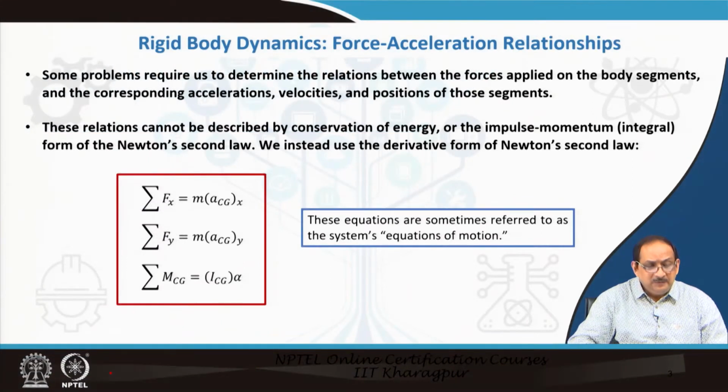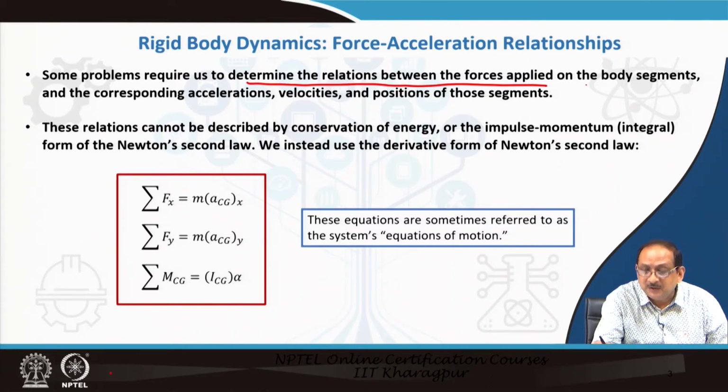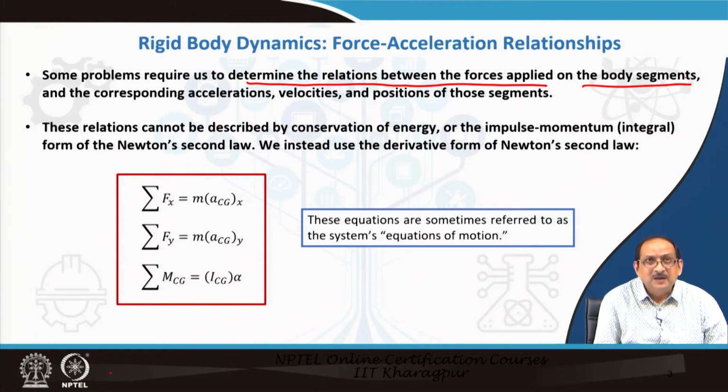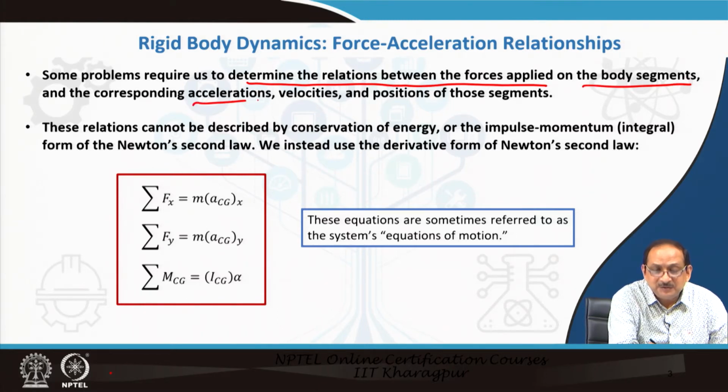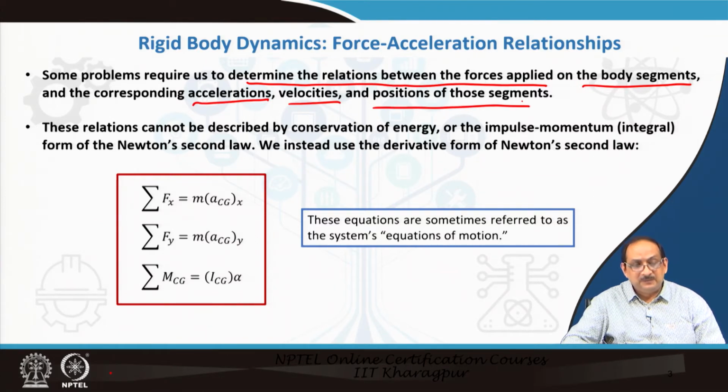This module deals with joint kinematics, which is based on the concepts of rigid body dynamics. Some problems require us to determine the relationships between forces applied on the body segments and the corresponding accelerations, velocities and positions of those segments.